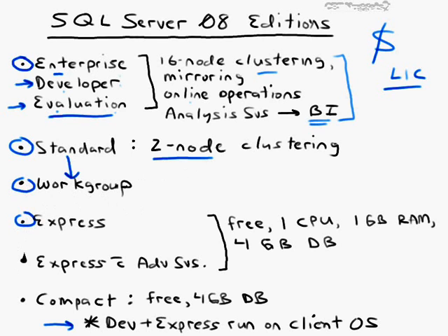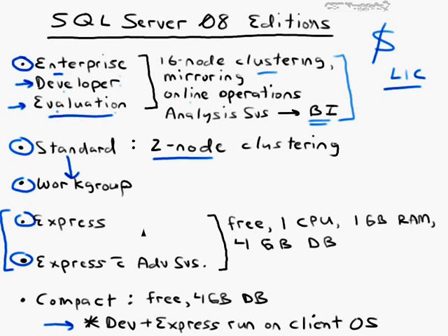Express Edition and Express with Advanced Services are your free, redistributable versions of SQL Server. Let's say we go into business as a software development company, and we want to build a line of business application that relies upon a back-end database, and we don't want to build a back-end database ourselves.